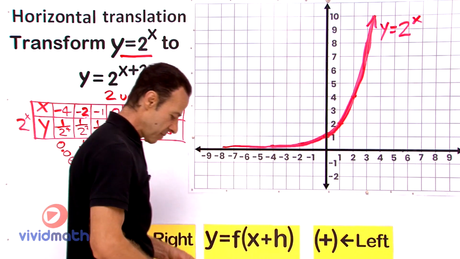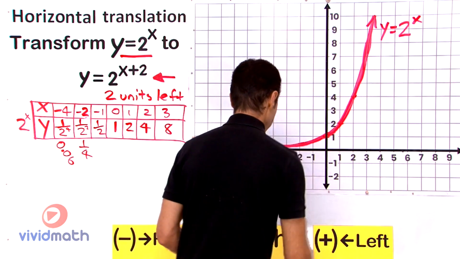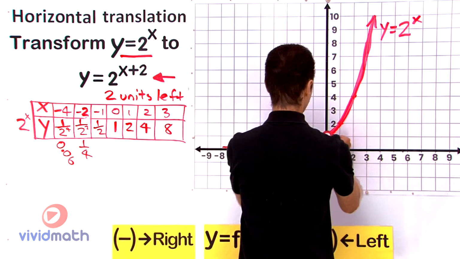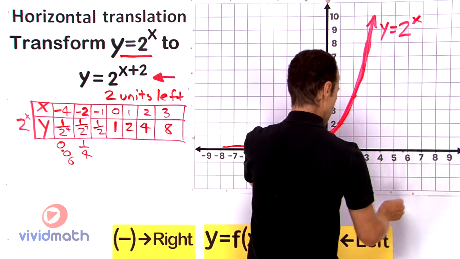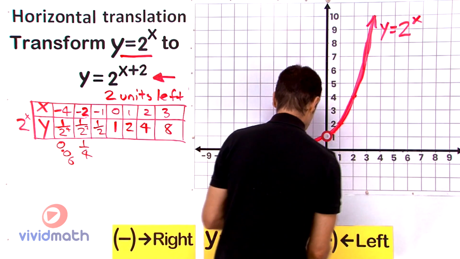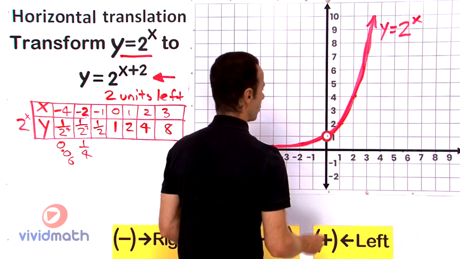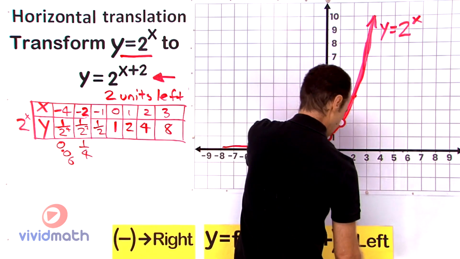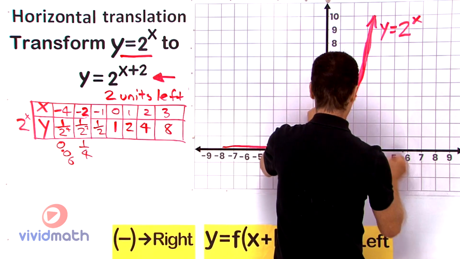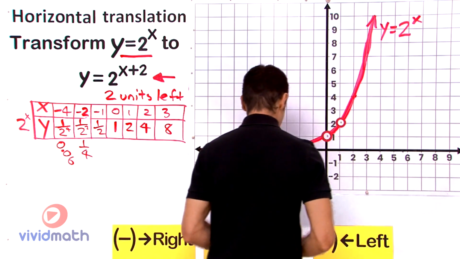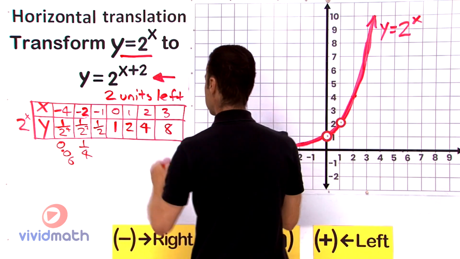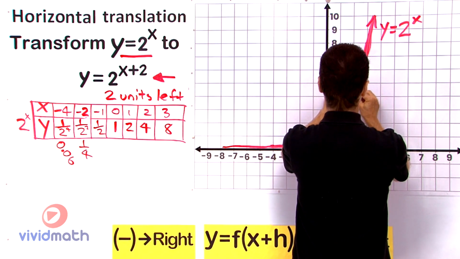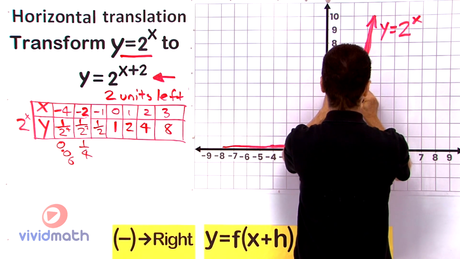Okay, we have the major points in here. Let me emphasize them again. We have a point right there through 0, 1. So 0, 1 is a point. We have the point 1, 2. That's a point right there. I like to emphasize the points. We have another one at 2, 4, right there.